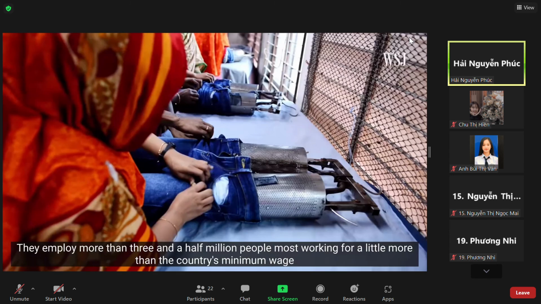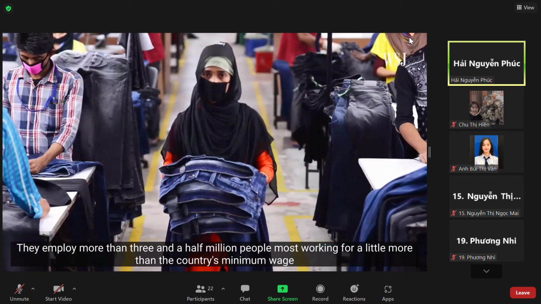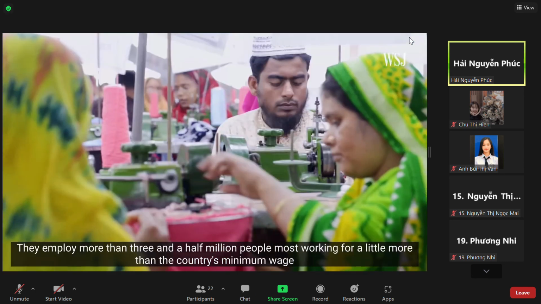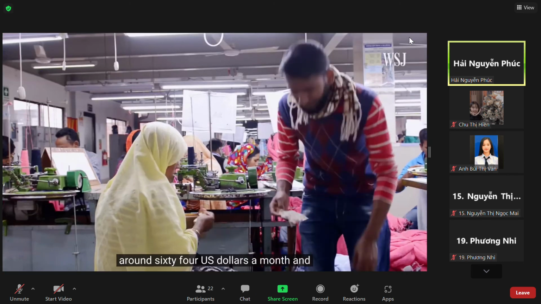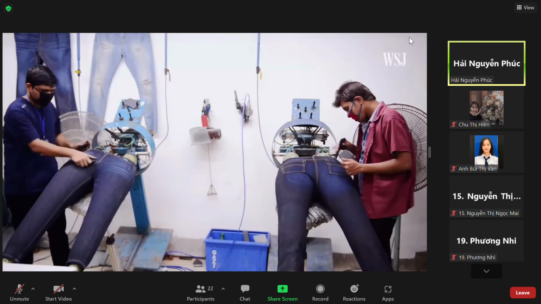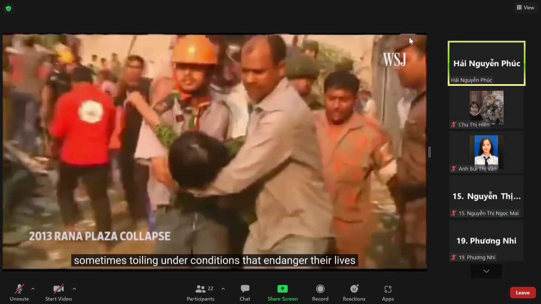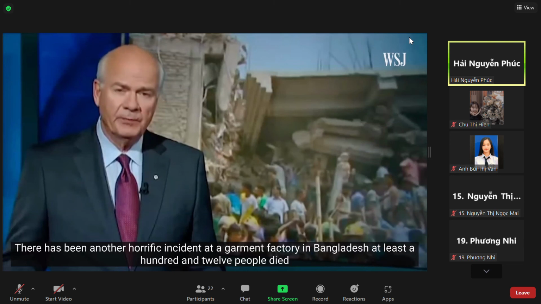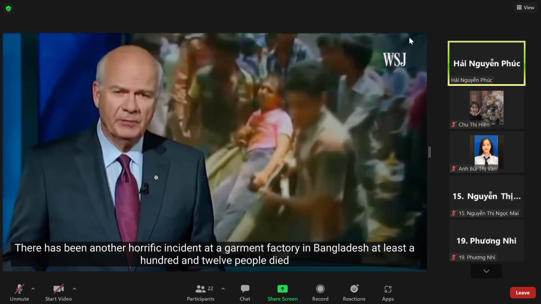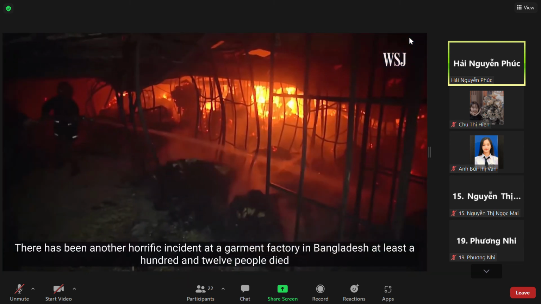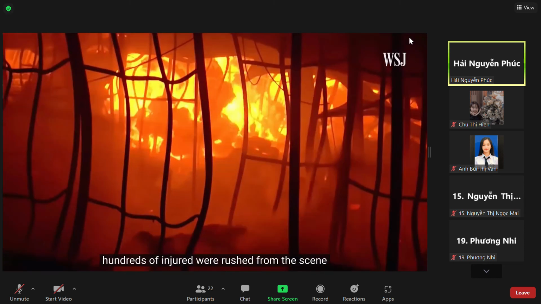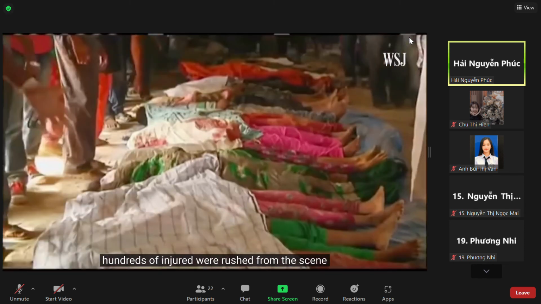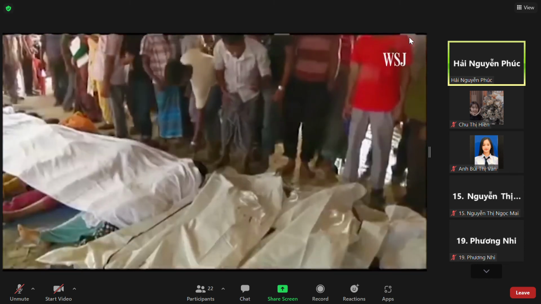They employ more than 3.5 million people, most working for little more than the country's minimum wage, around $64 a month. And sometimes toiling under conditions that endanger their lives. There has been another horrific incident at a garment factory in Bangladesh. At least 112 people died. Hundreds of injured were rushed from the scene.